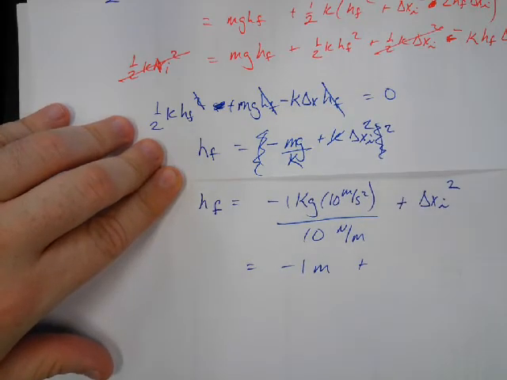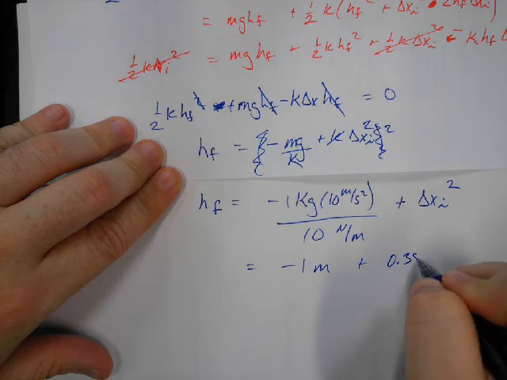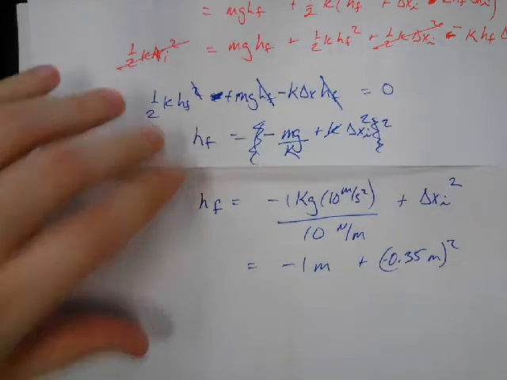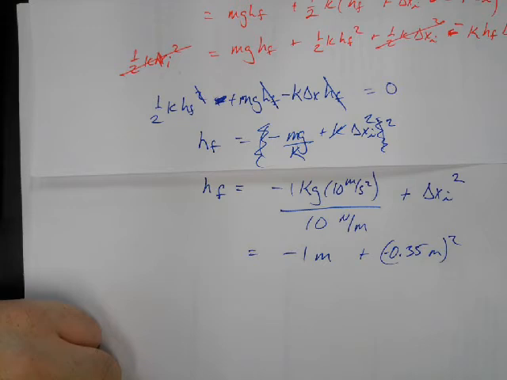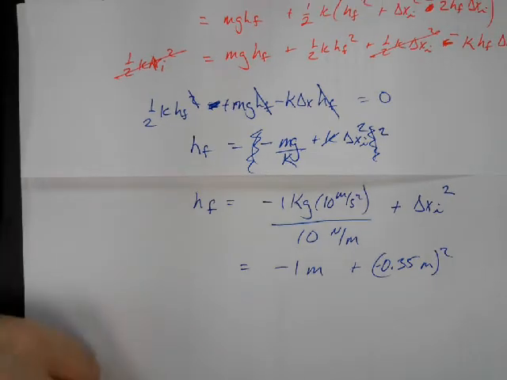This video is getting boring as I'm doing algebra here. 0.35 meters squared. Again, you're going to get a minus sign. That's going to be about minus 1.6, and that's what we got the first time. So somewhere there's a weird minus sign in here. Maybe you release the spring and it just falls inwards, but I don't think that's right. That doesn't make sense. Anyway, set up these problems.